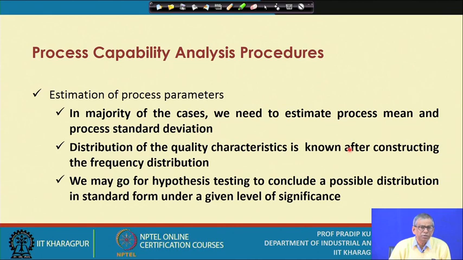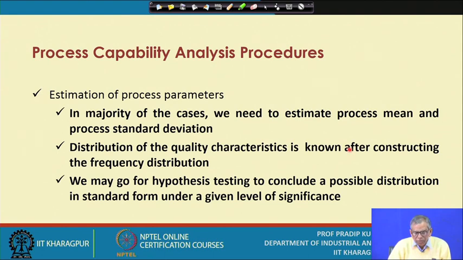That means the first exercise you should carry out when you start collecting data. Suppose 100 such data points you have collected from a running process related to a particular quality characteristic of the component, then first you construct the frequency distribution, and looking at the form of the frequency distribution, you may conclude at the initial stage subjectively what could be the possible distribution of the quality characteristics.